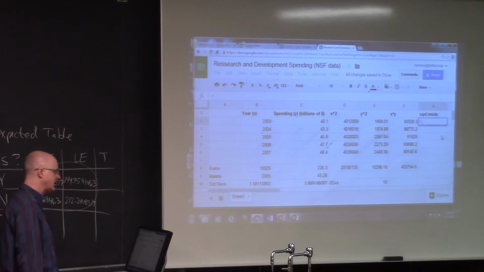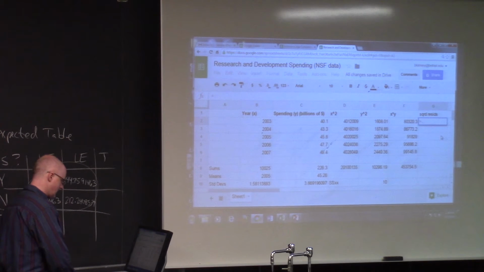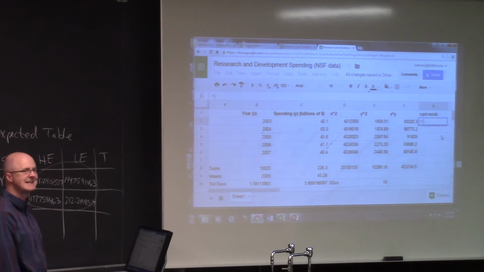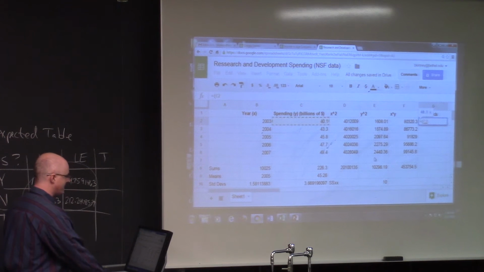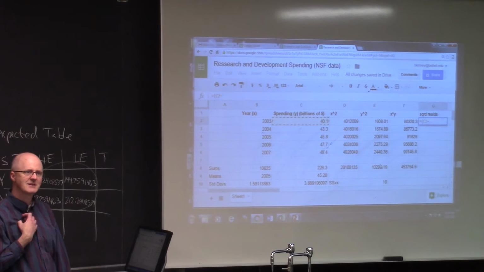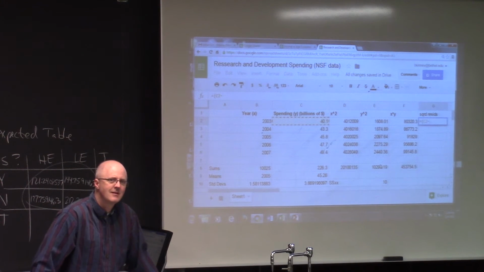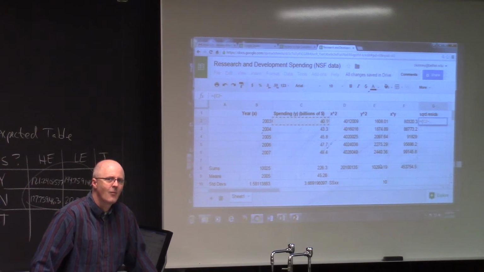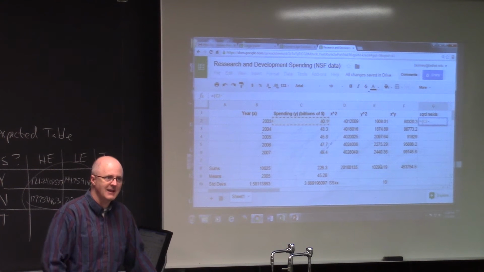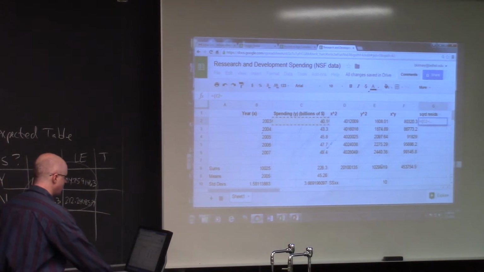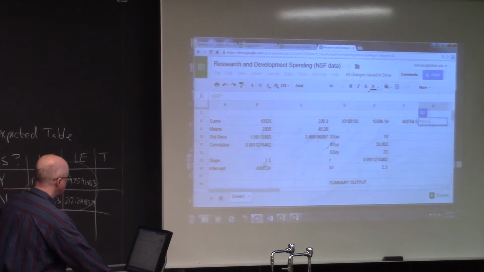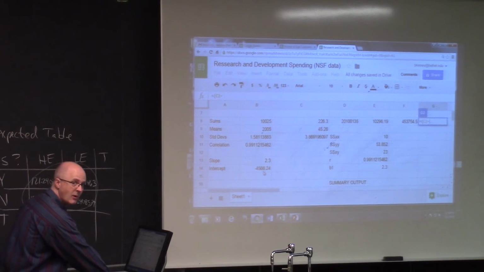So how do you calculate the residuals? Never forget this. It's the y value for each x value minus what? This was the tricky part. Y hat, yep. How do you find the y hats? You've got to use the regression equation. You've got to use the slope and the intercept. Slope is in cell B13, intercept is in cell B14.